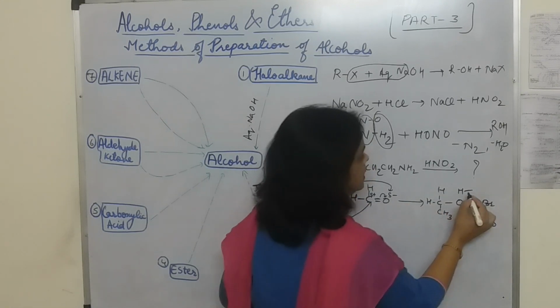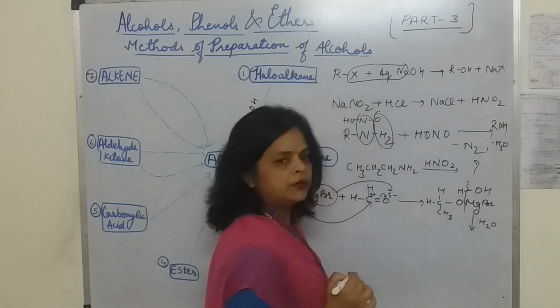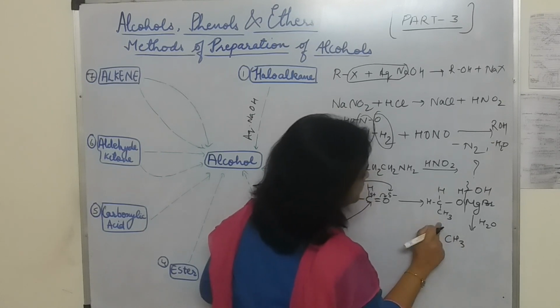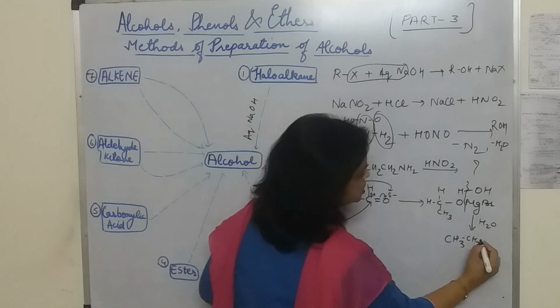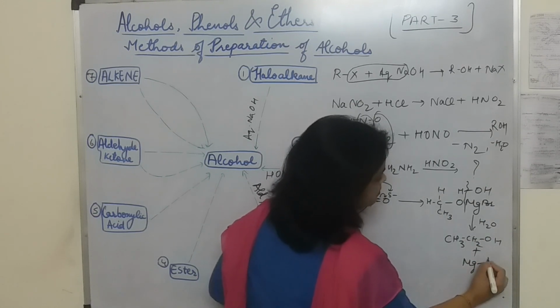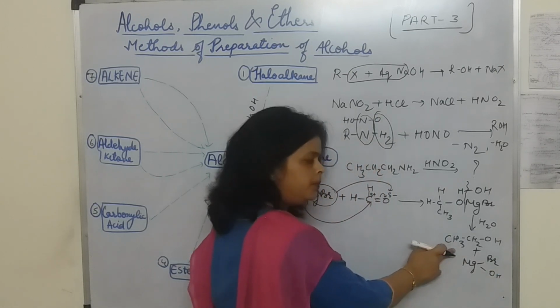Water molecule, HOH. So here the product will be formed and the main product is CH3CH2OH. And what is the side product? Mg(Br)OH. This is the side product and this is the main product.